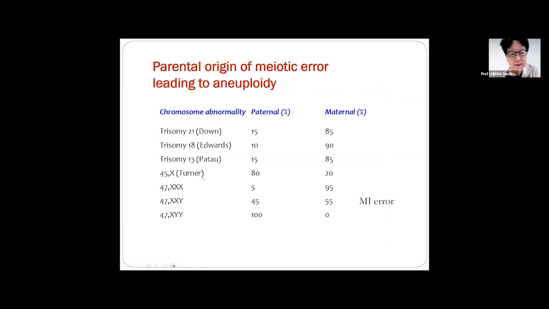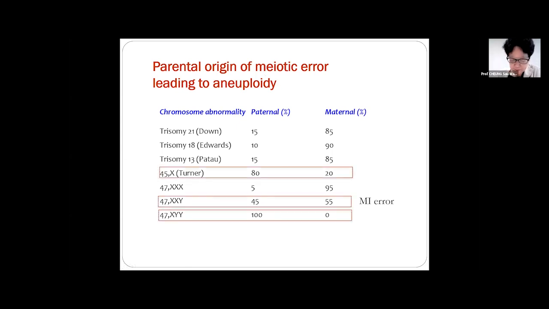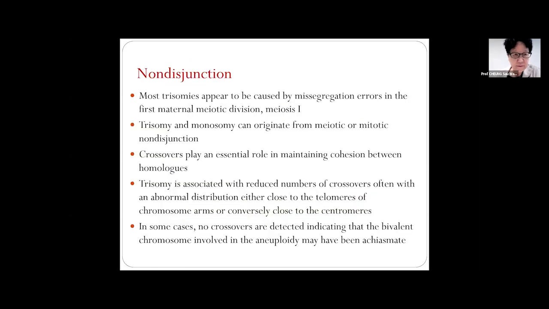Turner is the interesting one, where 80% are due to paternal meiotic error. XXY is half and half, and 47,XYY is 100% from paternal meiotic error.